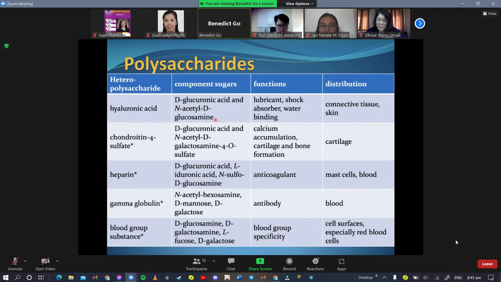Now, this is just a table in Harper's. You just have to be familiar, but don't have to really memorize all these very tedious components. For example, the first three are glycosaminoglycans, which we will tackle later on in subsequent units.